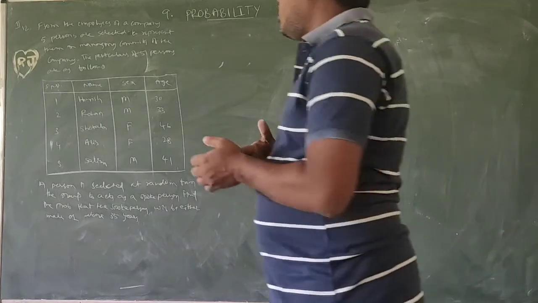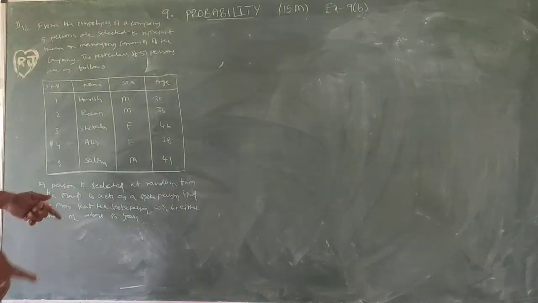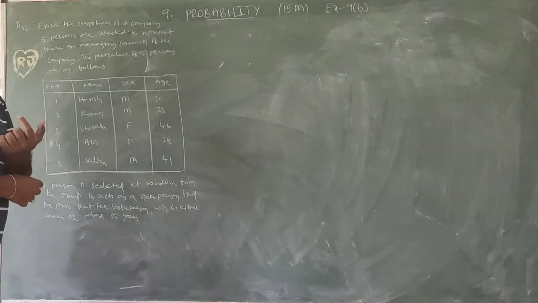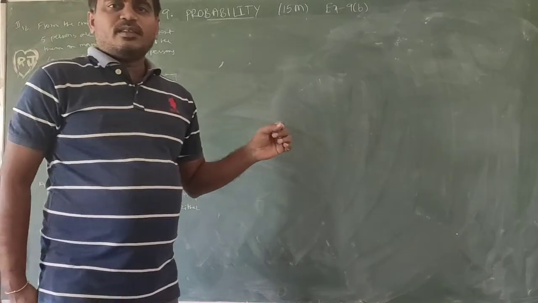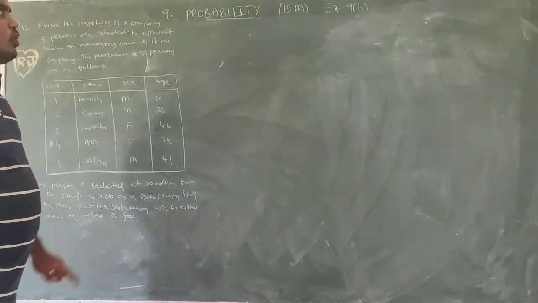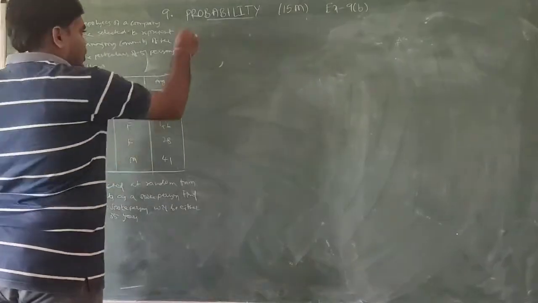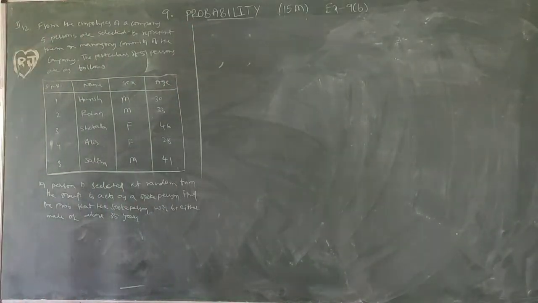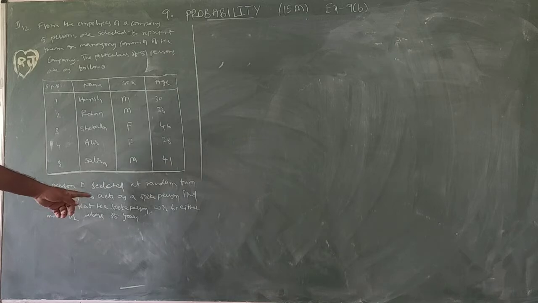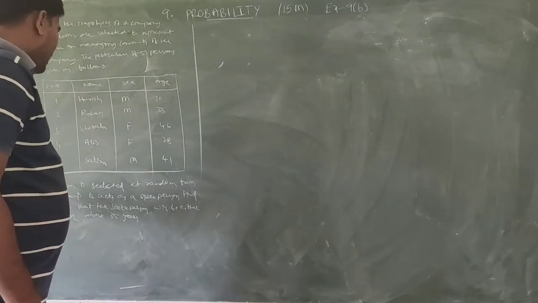So this is the table. According to this table, we need to pick a spokesperson. How many persons? Exactly 5 persons. We need to pick 1 spokesperson. First, the spokesperson should be male. If he is male, no problem.